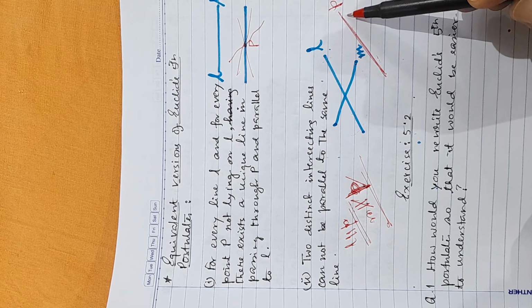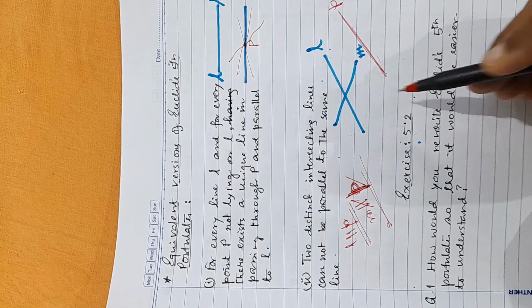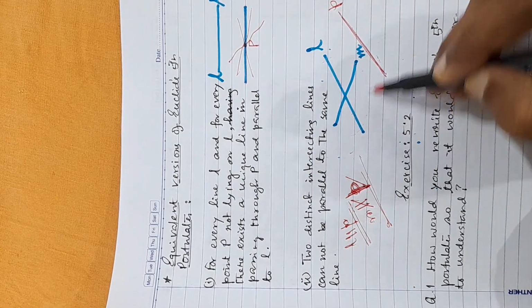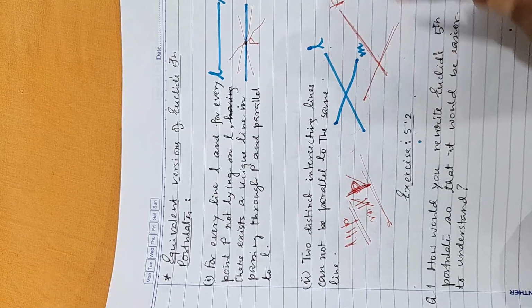Any one of them can be parallel to a line, but both of them cannot be parallel to the same line. Similarly, if we draw a parallel line to M, that is N.